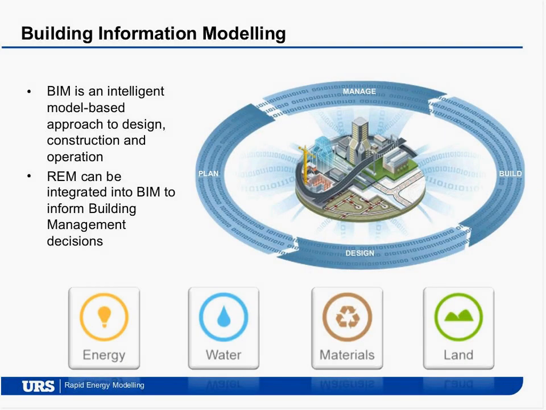I'll just touch on building information modelling very briefly. I mentioned it there. It's an approach to the design, construction, and operation of a building using a single computational model. So the idea is, instead of the client, the architect, and the engineers having their own sets of information and their own drawings, there's one model which is developed at the outset of a project and then lives with the building for its lifetime.